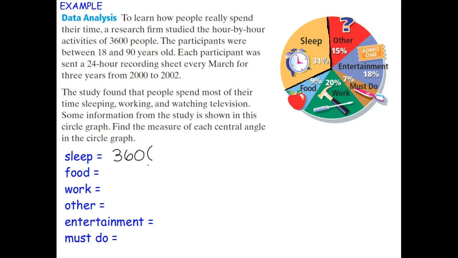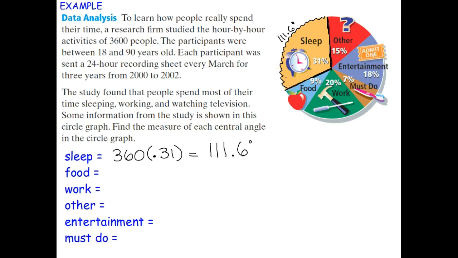We can't multiply by a percent, we have to multiply by a decimal, so we just have to change that 31% into a decimal. So 31 would change into 0.31. So if we take 360 times 31%, we get 111.6 degrees. So this arc right here on sleep accounts for 111.6 degrees of the whole circle.